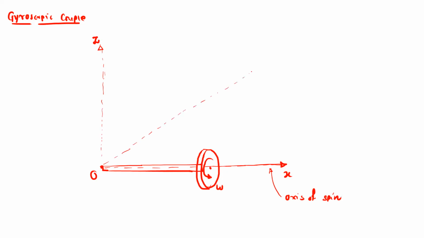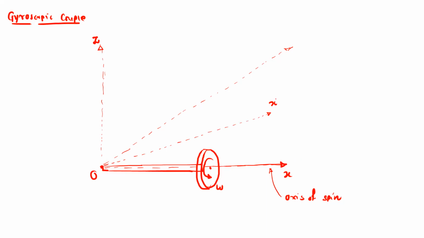And this is the horizontal plane. In this horizontal plane, we will rotate the shaft. After rotation by a small angular displacement theta, this is the new position of the axis of spin.